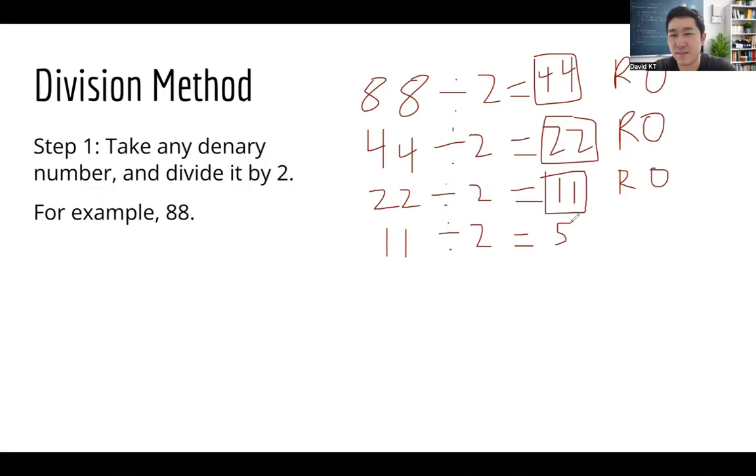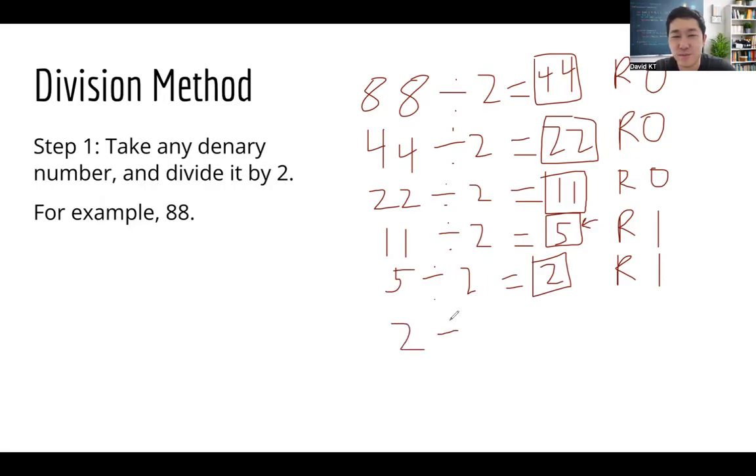It'll give us 5 with a remainder of 1. The new number to work with is 5. 5 divided by 2 gives us 2, okay? With a remainder of 1.